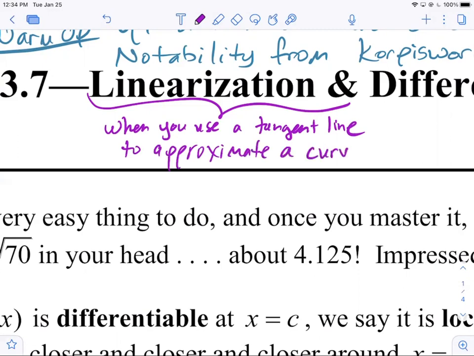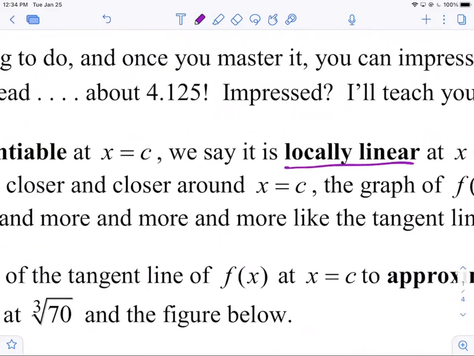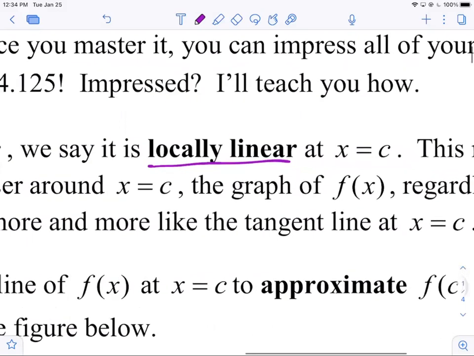You're linearizing it. Now, if the function is differentiable, then we had this idea earlier in the year called local linearity, right? A function is differentiable at x equals c if it's locally linear at x equals c, and vice versa. They're interchangeable, okay?